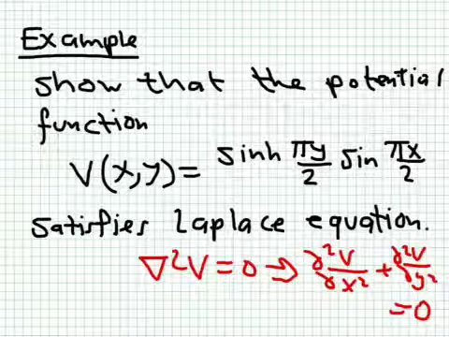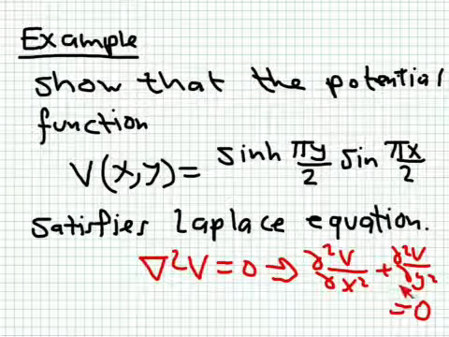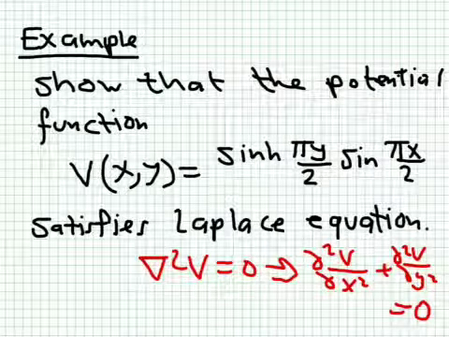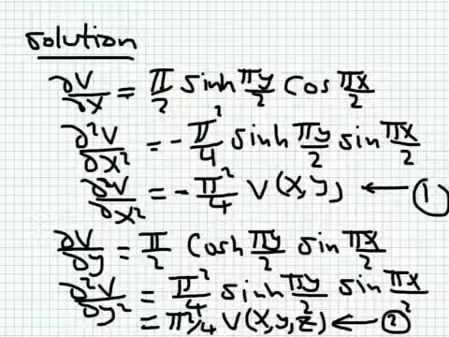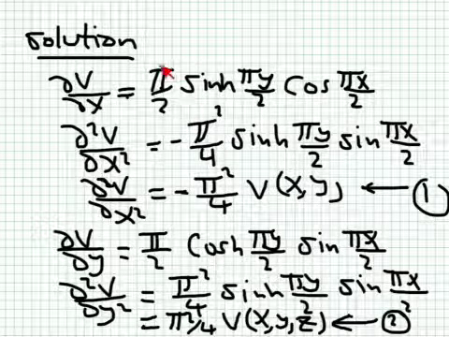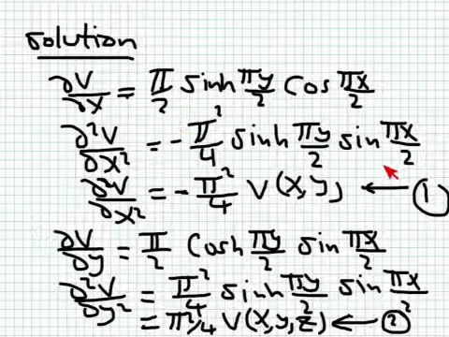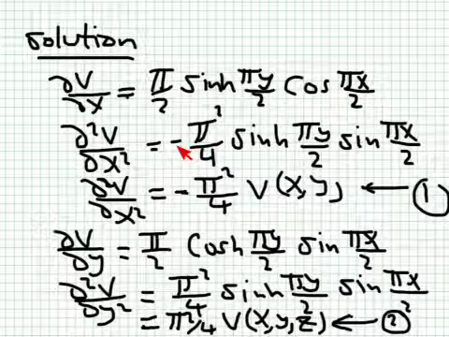So what you have to do is differentiate it 2 times relative to x plus its derivative 2 times relative to y, and then you show that these two cancel out. This is pretty straightforward. If you first differentiate the sine, it will give you cosine multiplied by pi over 2. If you differentiate the cosine one more time, it gives you minus sine multiplied by another pi over 2.